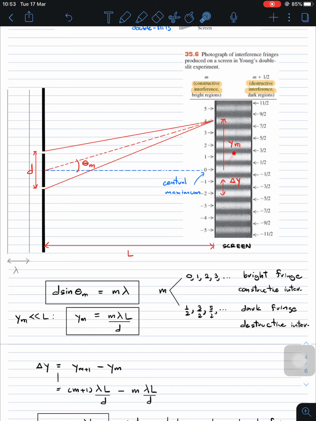It means the difference between L and Y is about 1000 times. So if I move the screen to the right, L is much larger than Y.